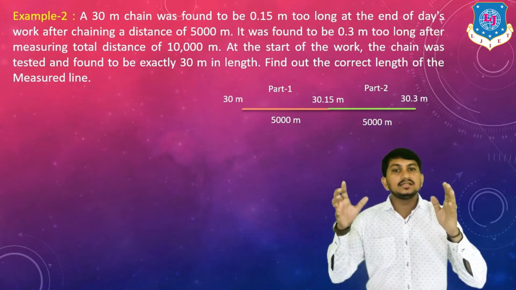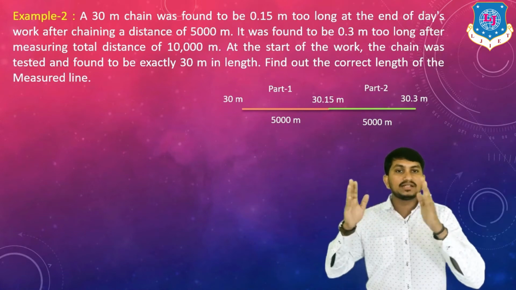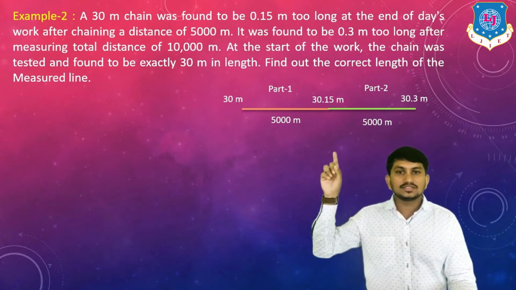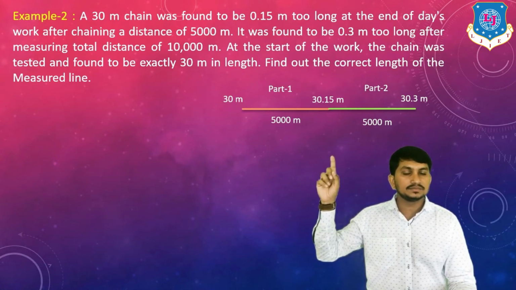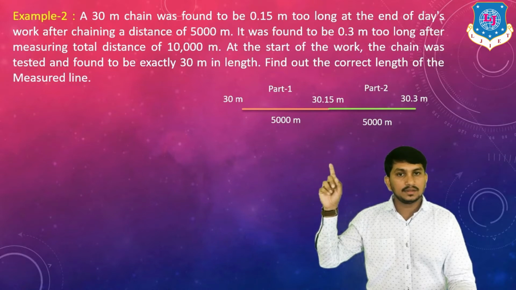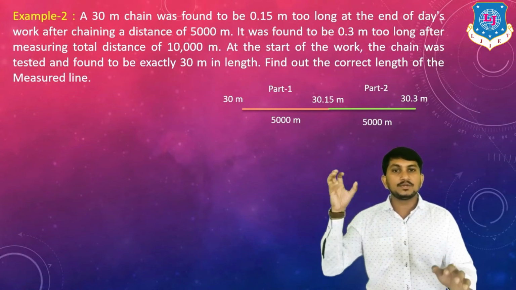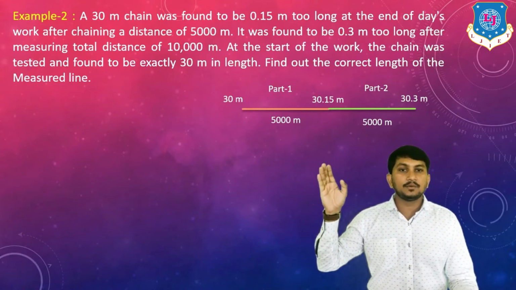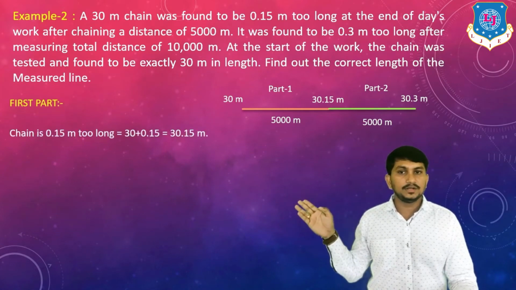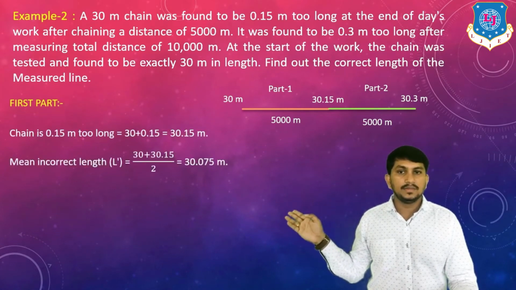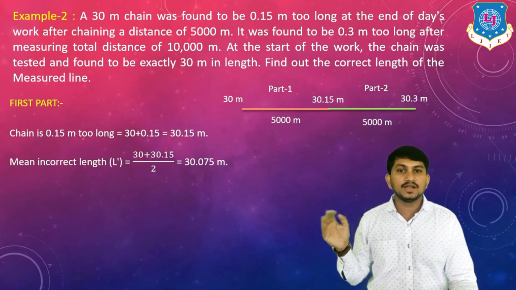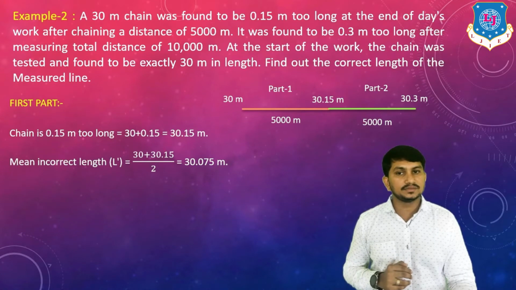Here we can divide this example into two parts, part 1 and part 2. In part 1, the standard length L is equal to 30 meter. Two measurements are taken, so L dash is the average of 30 and 30.15 meters. The mean incorrect length L dash is equal to (30 plus 30.15) divided by 2, which is 30.075 meter.